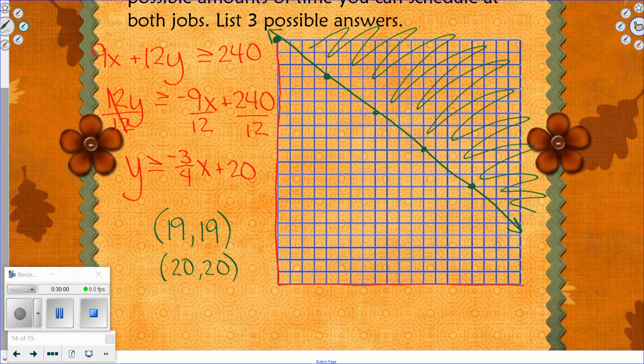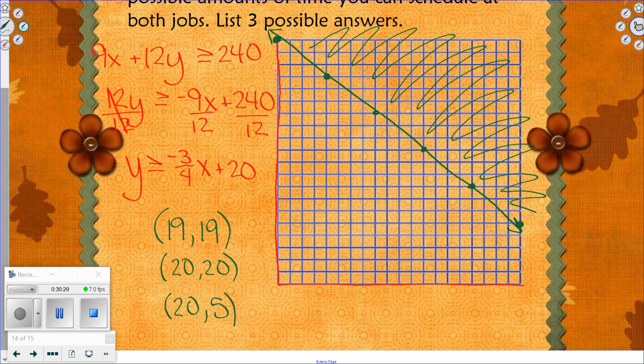I can find that answer just by looking at my graph. Give me a point that's right on the line. You said 20. Is my line there? 1, 2, 3, 4. Yeah, my line got off just a little bit right there. So yeah, I could go 20 and 1, 2, 3, 4, 5.